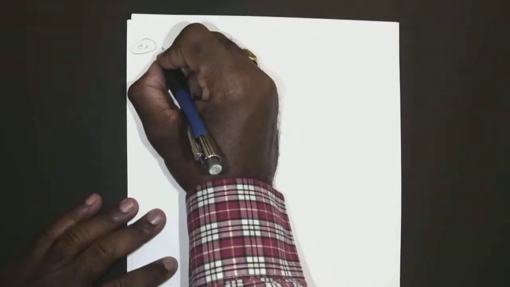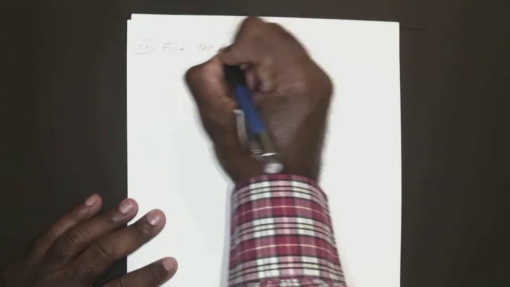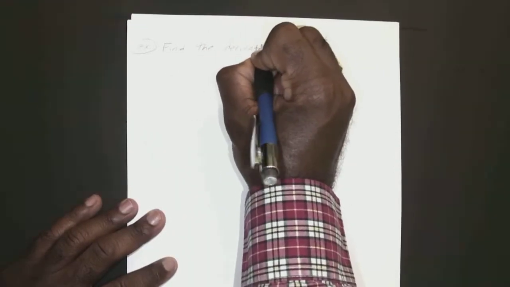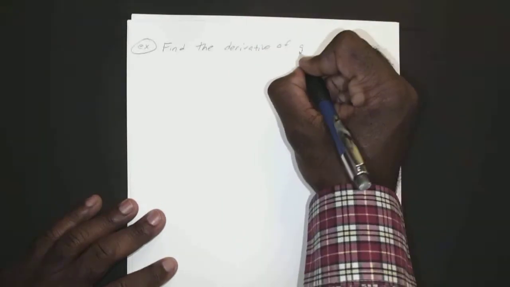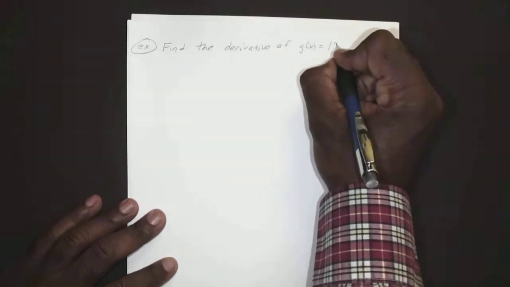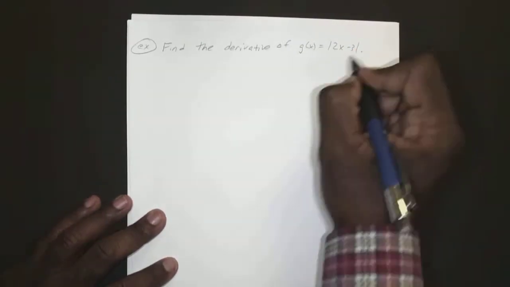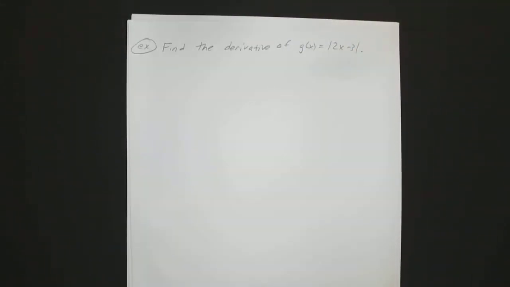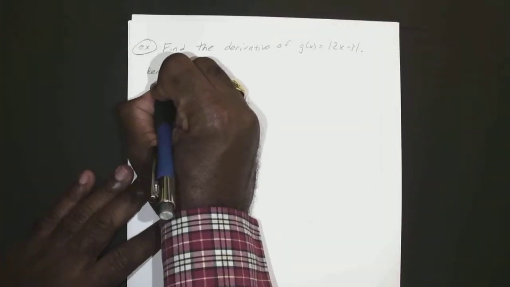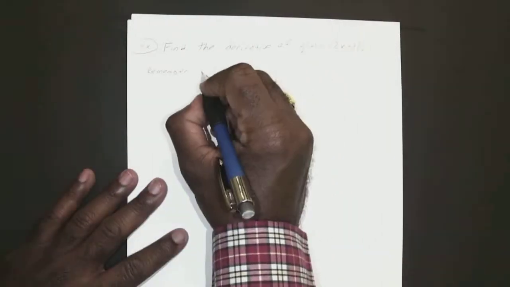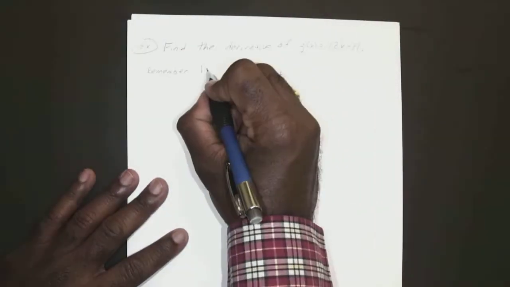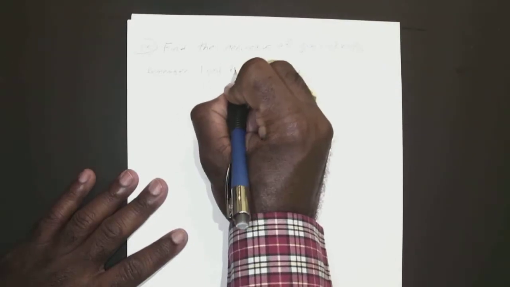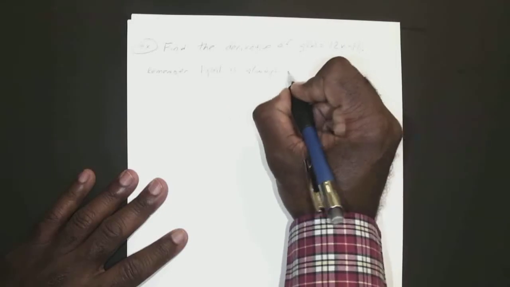Okay. So let's say you have the derivative of an absolute value. Find the derivative of g of x equals the absolute value of 2x minus 3. Before we can start on this one, you have to remember that the absolute value is always positive.